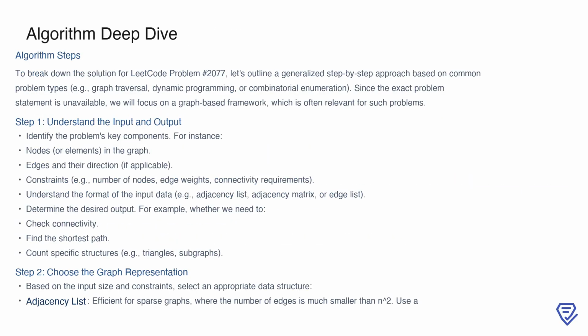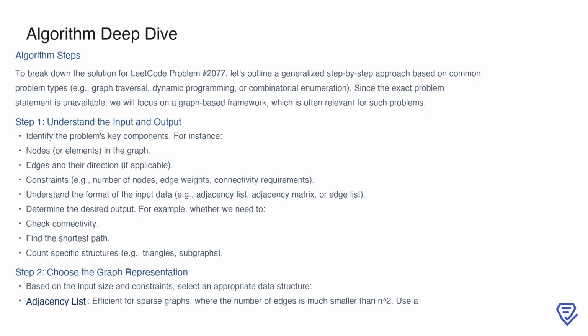To approach a problem like LeetCode number 2077, we begin by breaking it down into clear, actionable steps. The first step is to deeply understand the input and output. For instance, if this is a graph-based problem, identify the graph's components such as nodes, edges, and their directionality, if applicable. Pay close attention to constraints such as the number of nodes or edge weights, as these can significantly impact your choice of algorithm.